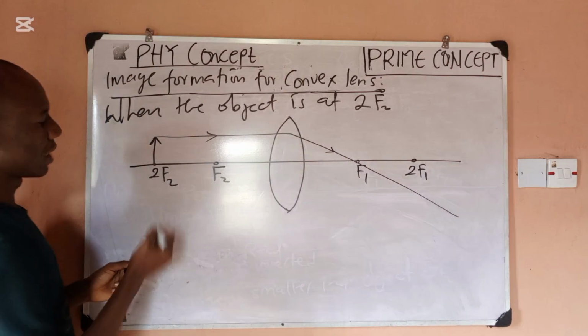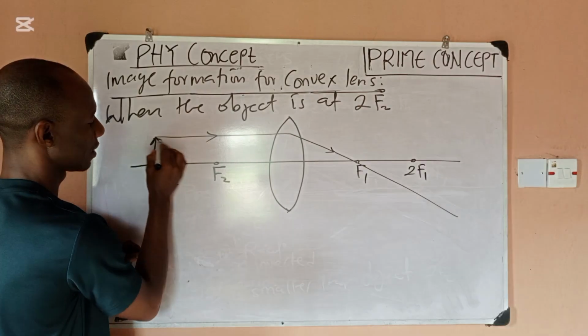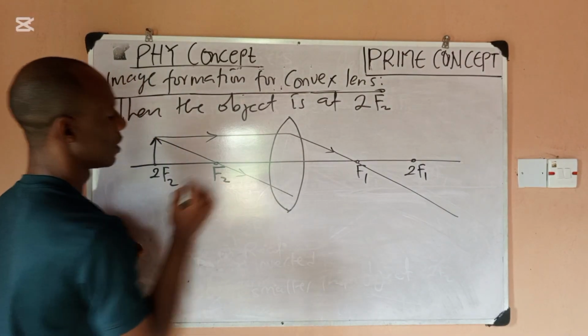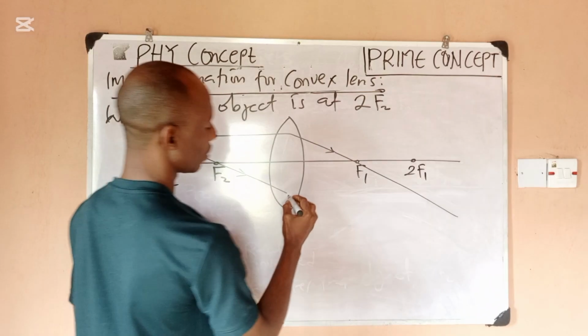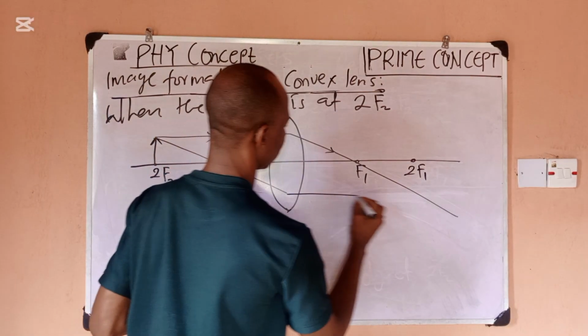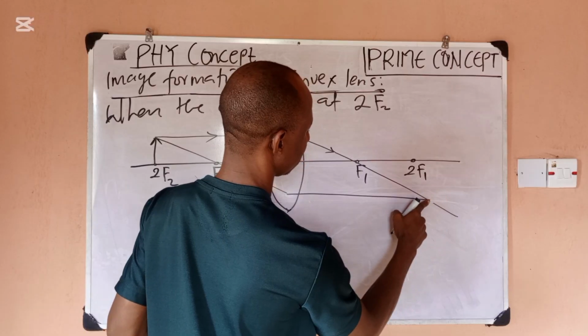Now, if I follow another rule, say I'm going through my focal point, in this case, I will have this, right? So when it hits the center of my lens again, what will happen? It will come out parallel.